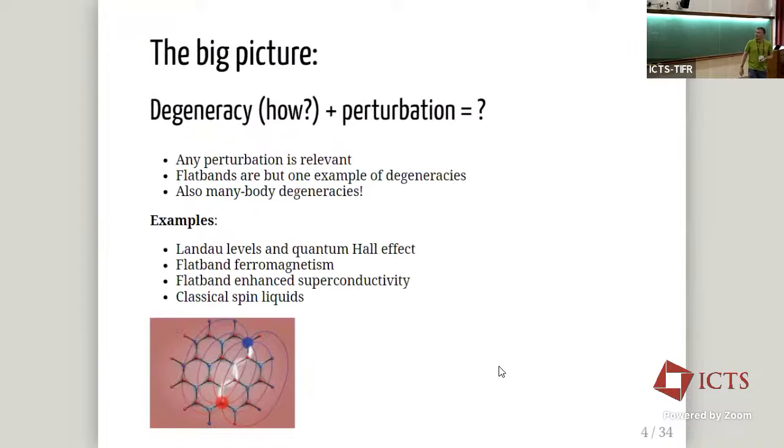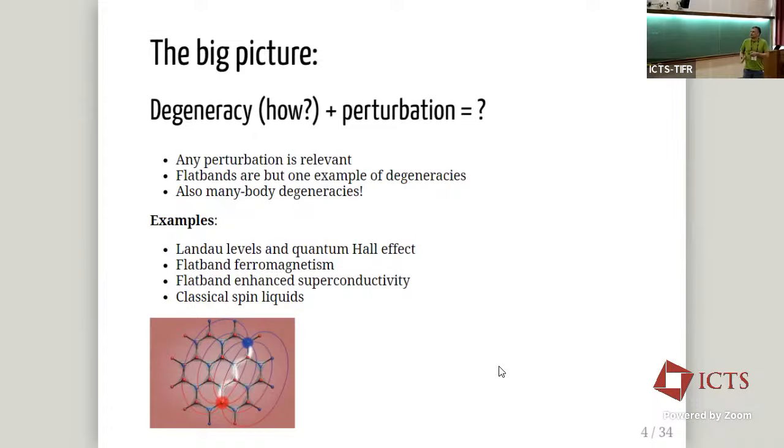Okay. So the big picture of why flatbands are interesting is essentially the idea that we have a macroscopic degeneracy due to the absence of dispersion. And then we add some perturbation and we ask what will happen. And the expectation, based both on our intuition, some experimental results, and the known works, is that quite often various interesting phases emerge due to the fact that any perturbation is relevant due to the degeneracy.